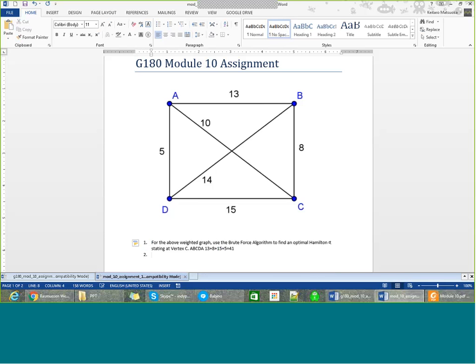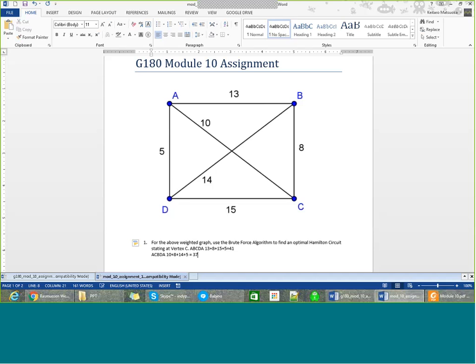I could do, let's see, A, C, B, D, A, for example. And that would be 10 plus 8 plus 14 plus 5, which is 37.